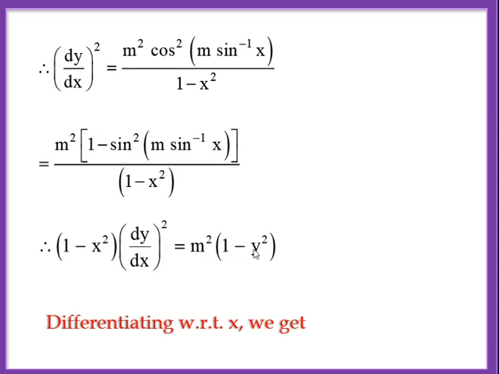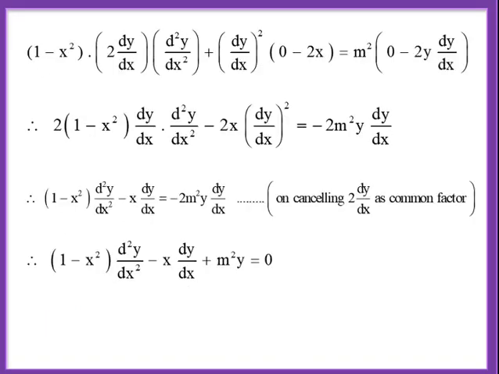What is derivative of y square? It is not only 2y, but it is 2y into dy dx. Now I will not explain the remaining part. This is the fifth or rather fourth time we are doing this, cancelling 2 dy dx throughout, as it is a common factor, to get this as the final answer.